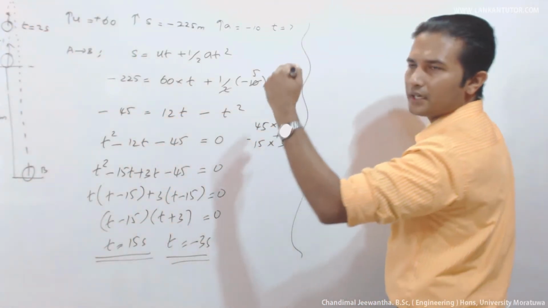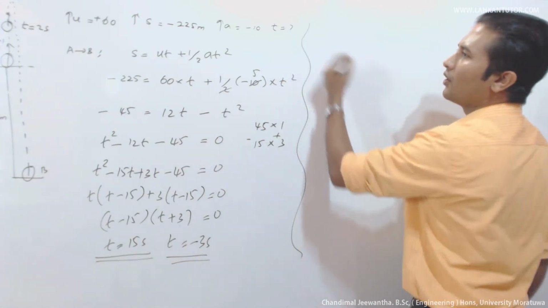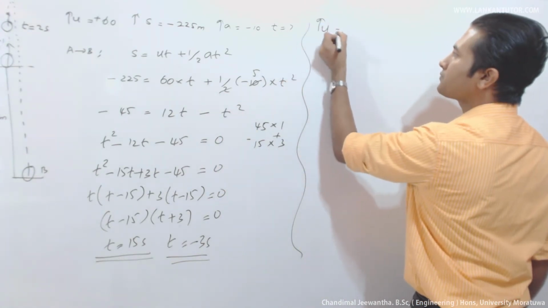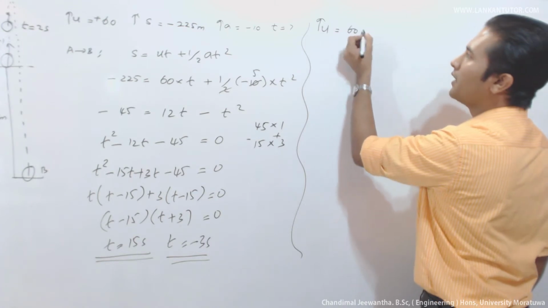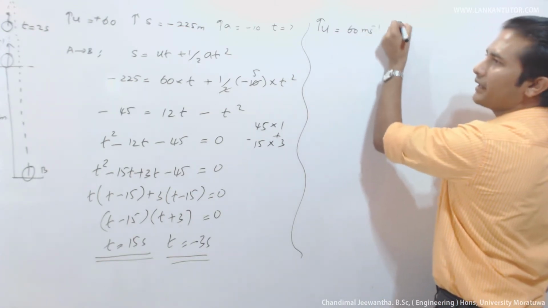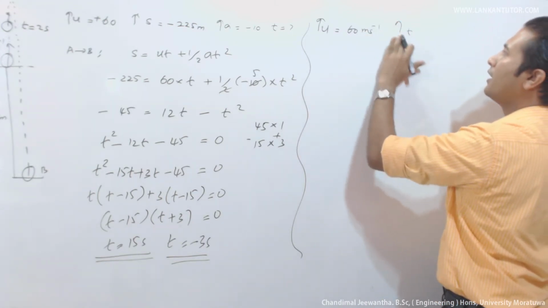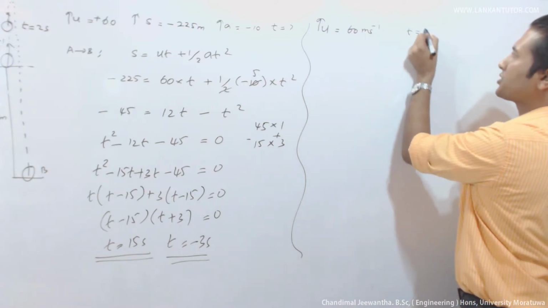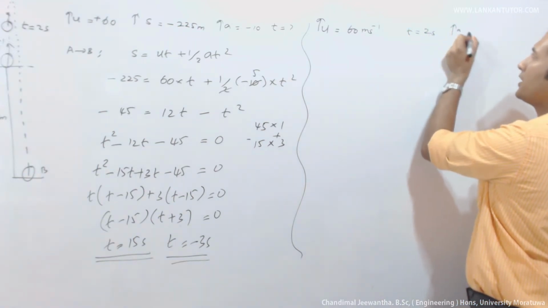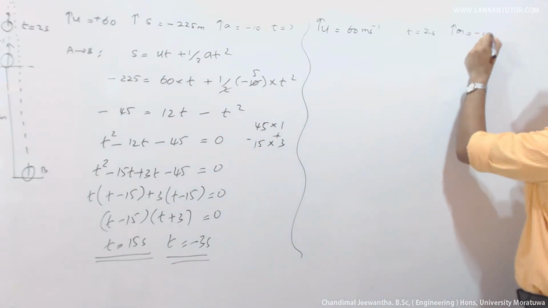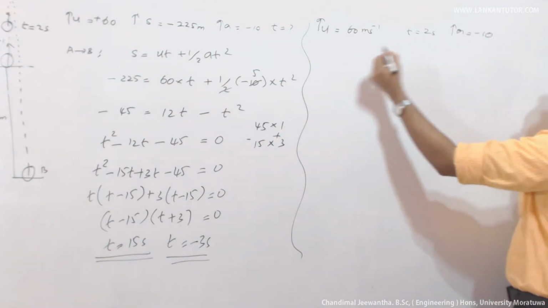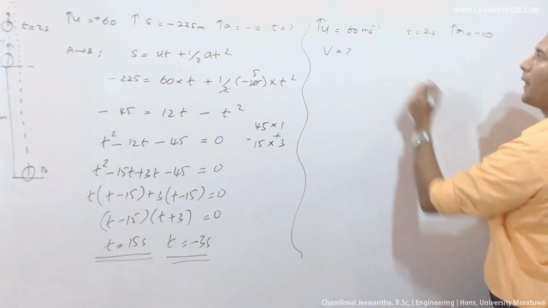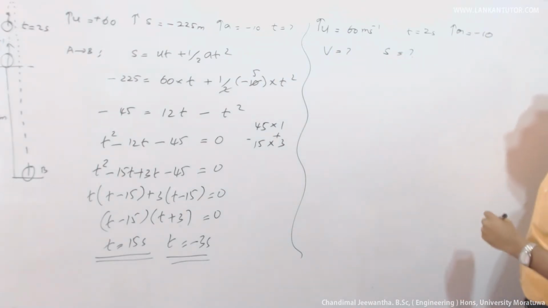Now we can consider from A to C. What is the initial velocity there? It should be 60. And the time taken is 2 seconds, and the acceleration is minus 10. Then you can find the velocity and the displacement.